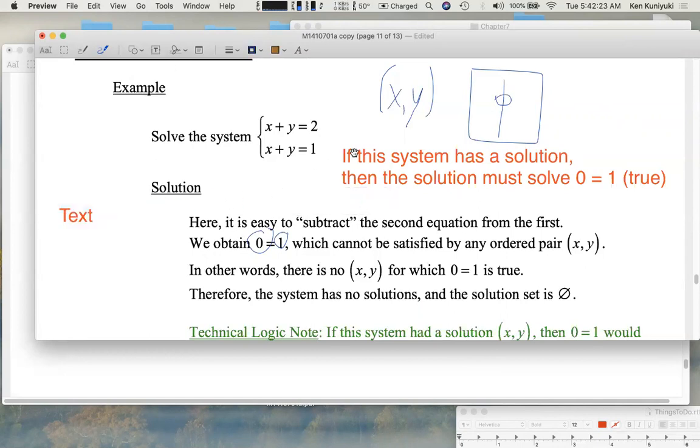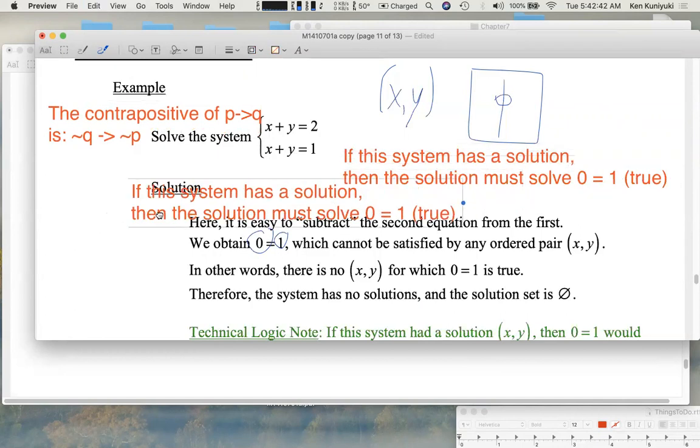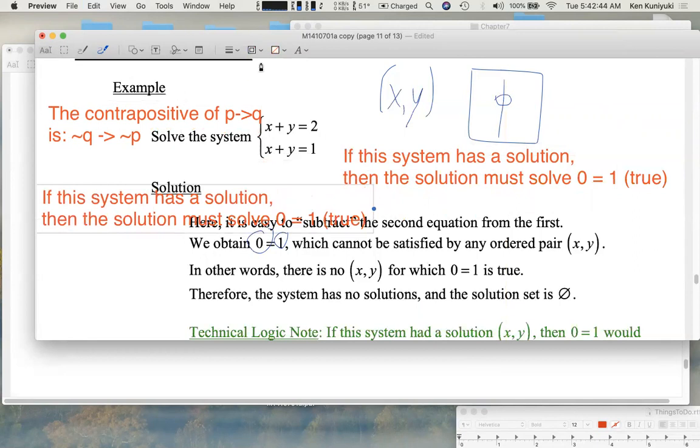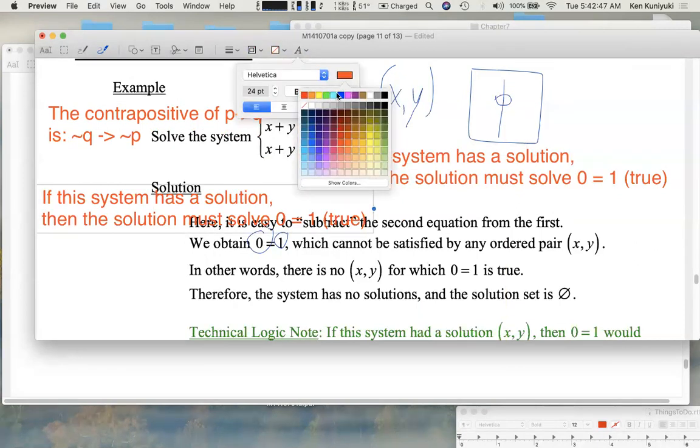The contrapositive of if P then Q is if not Q, then not P. Switch and negate. What's the contrapositive? Do this in blue.